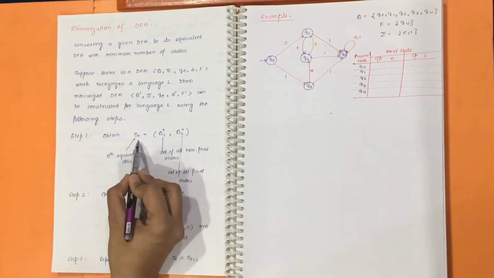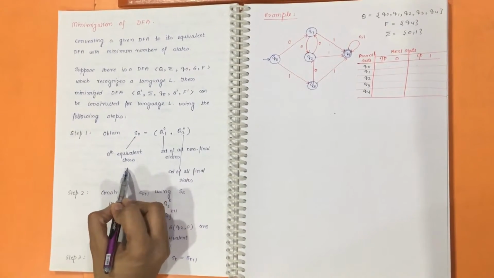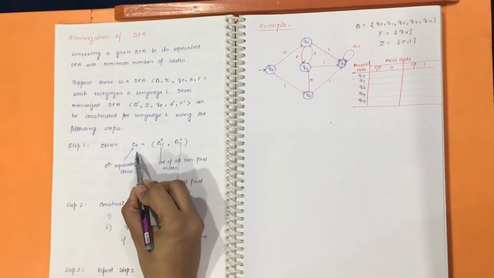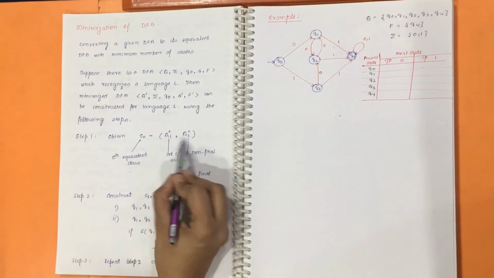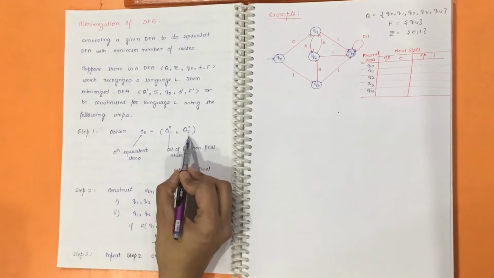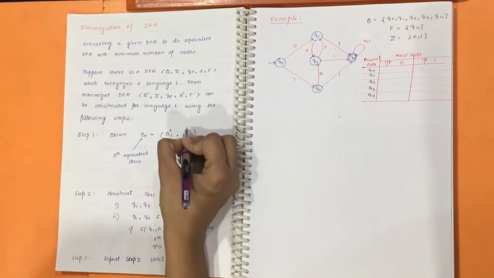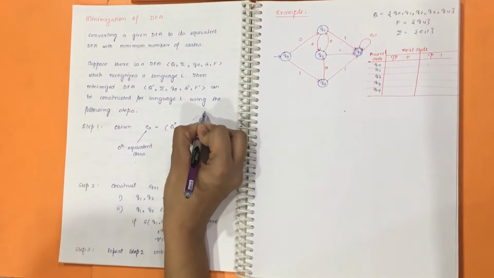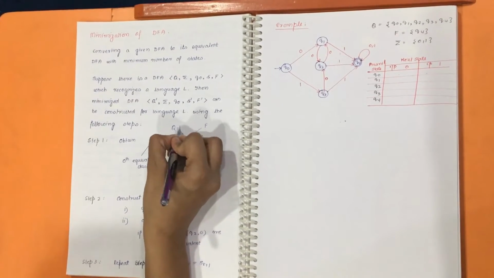The first equivalent class is S0, and S0 is equivalent to a pair of sets, Q1 naught and Q2 naught. Q2 naught is the set of all final states and Q1 naught is the set of all non-final states.